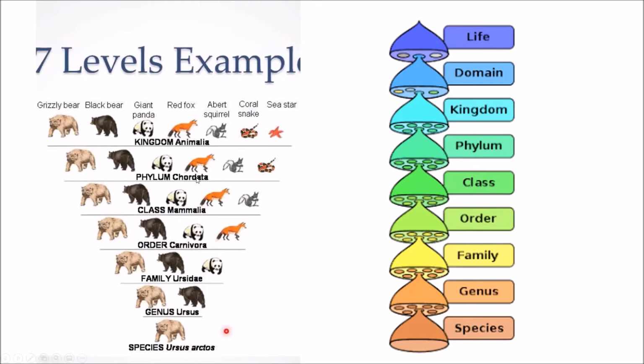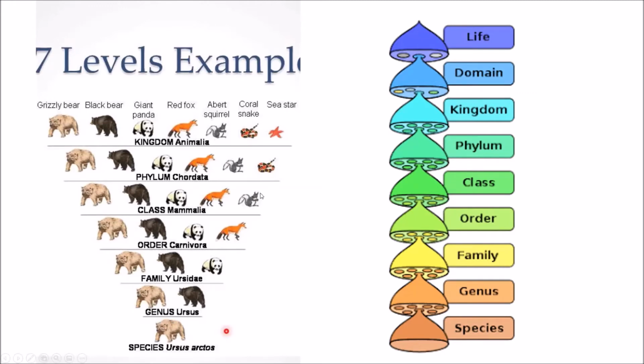Okay, next you have the phylum Chordata, which I said earlier means that they are vertebrates. All of these animals here have backbones. Okay, and as you continue to move down these 7 levels of classification, you see slowly, it refers to a smaller and smaller group of organisms until you get down to the species, which is only referring to one specific organism.